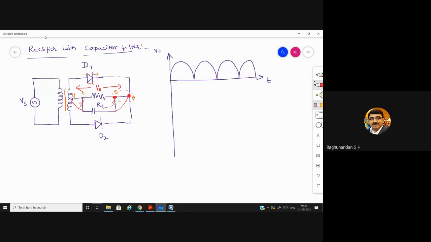When you're telling the voltage across the load resistance is V naught, obviously the voltage is measured between the two terminals. Two terminals is what? A and D, right? A and D are the two terminals where you measure the voltage across the load resistance.